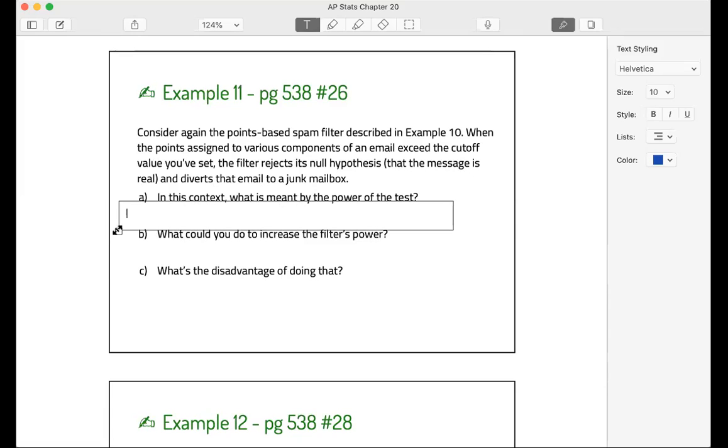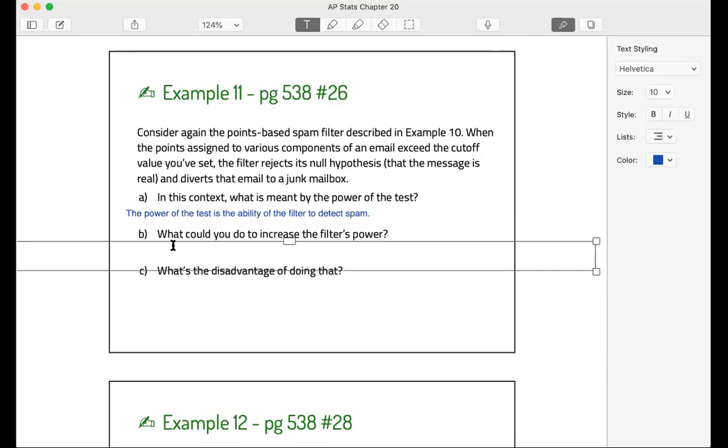So I would say the following for power. The power of the test is the ability of the filter to detect spam. What could you do to increase the filter's power?